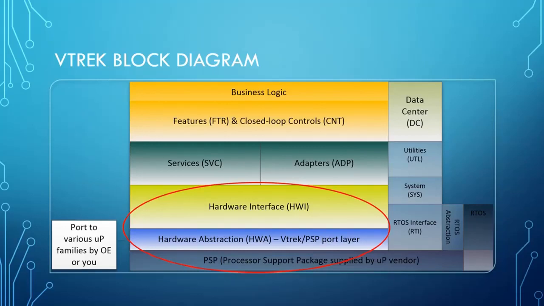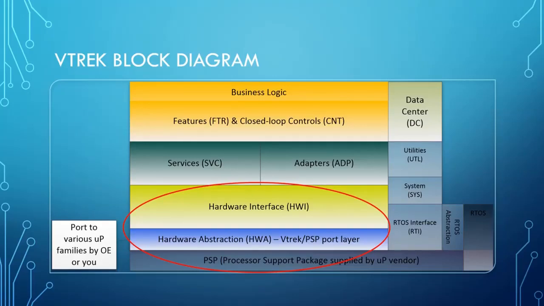The HWI, which is a hardware interface, the HWA, hardware abstraction, and then PSP, which is the processor support package that a lot of the microcontroller vendors supply one for you now. That's fairly recent. That's the last 6, 8, 10 years. And it really saves a lot of work.